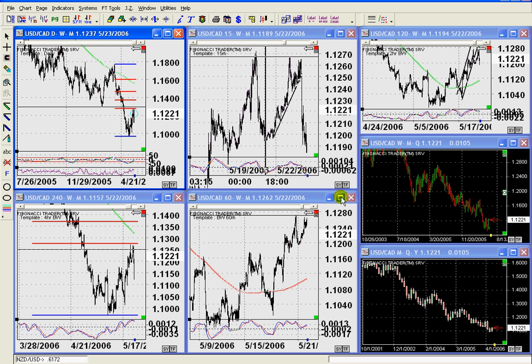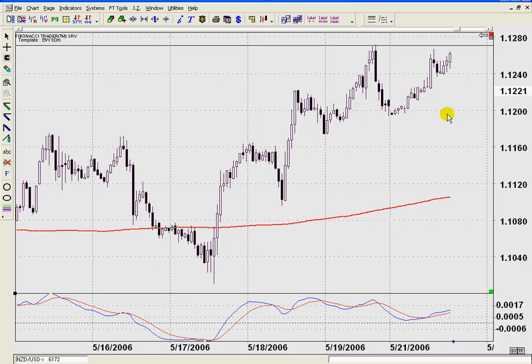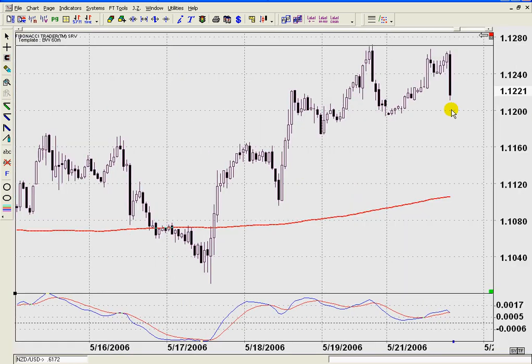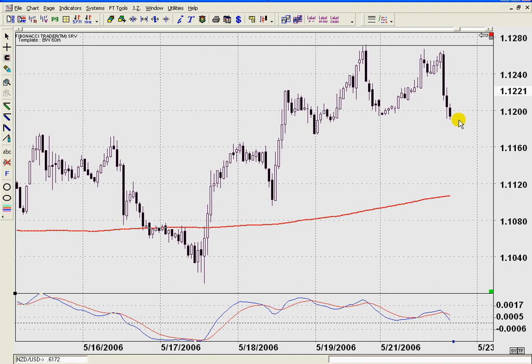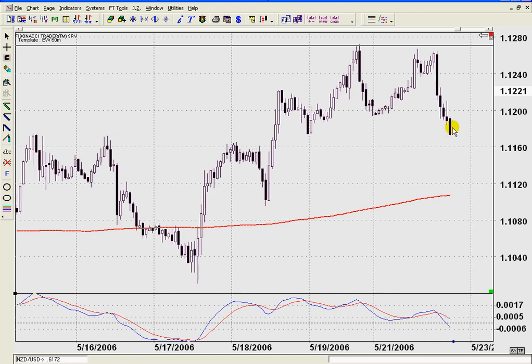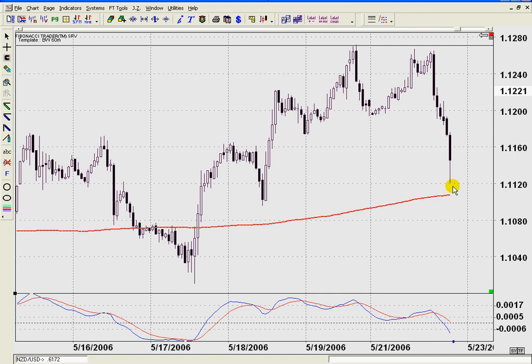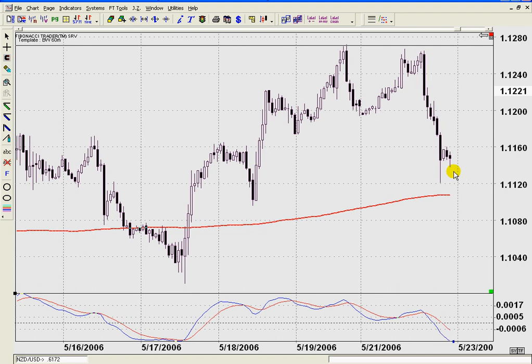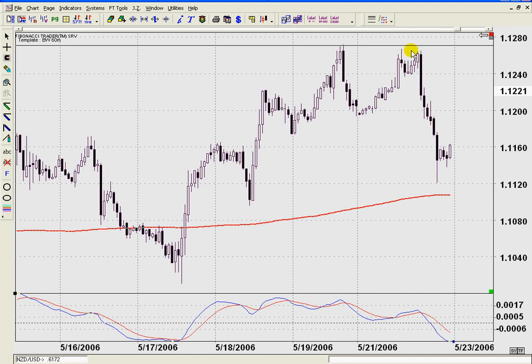Moving on to our 1 hour chart. This is the move that we just observed, and price coming down all the way to 111.20. Now it's a good move, 111.20 to 112.72, 112.65.